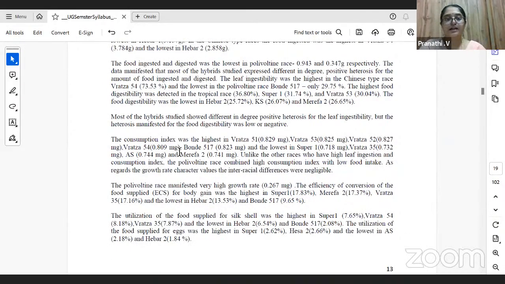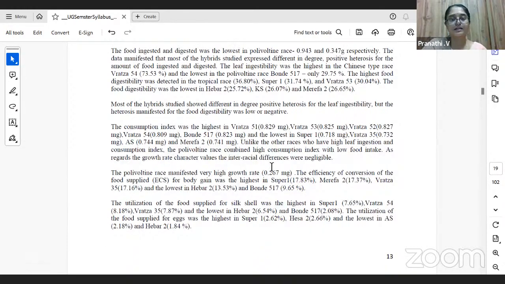Consumption index was also tested, and you see that Radza is around 0.8 to 9 milligrams, and different kinds of other races also have high leaf ingestion and consumption index. So polyglutton races combine a high consumption index with low food intake, because of which the interracial differences are going to be negligible.